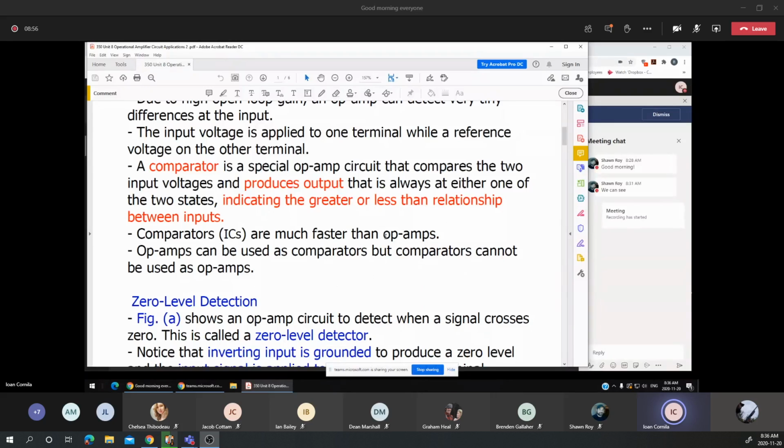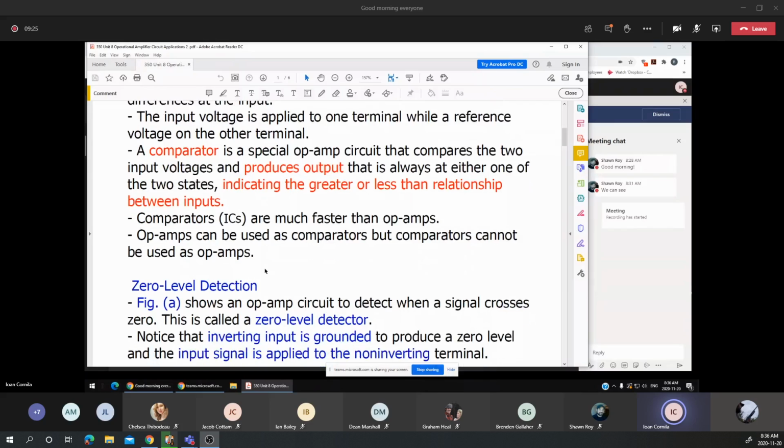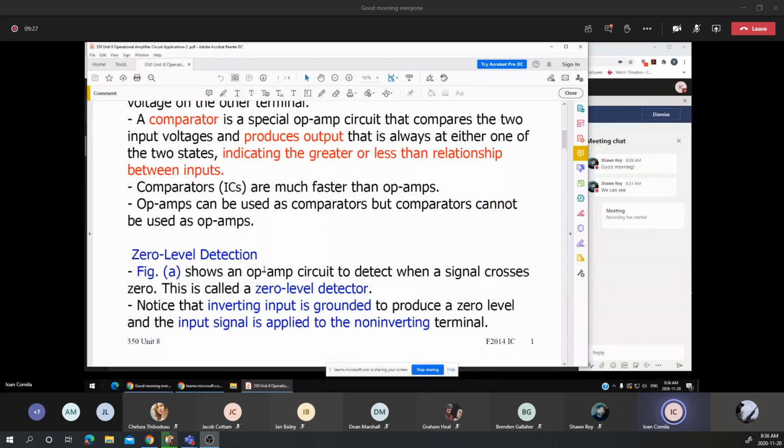In the last lab, which is lab 10, I'm actually using a special type of op-amp, which is a comparator, which has a higher gain, and the response time of comparators is faster than regular op-amps, and that's specific to a comparator.